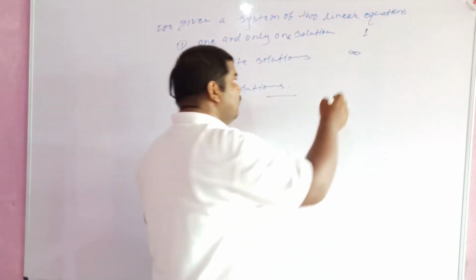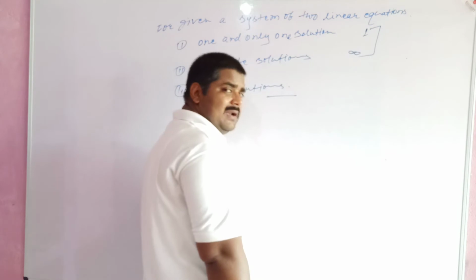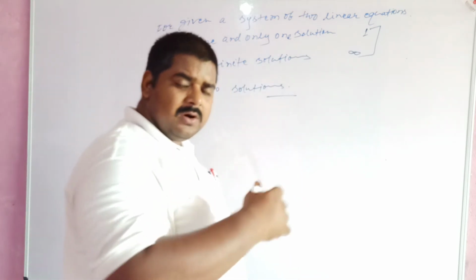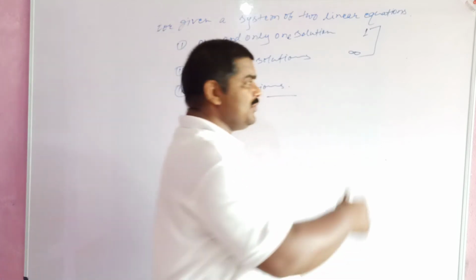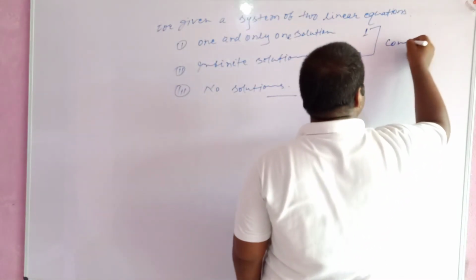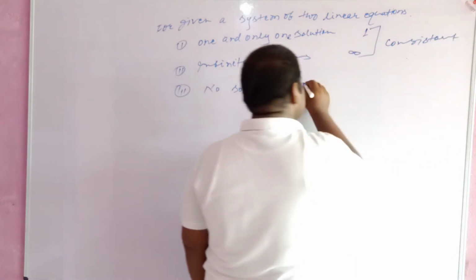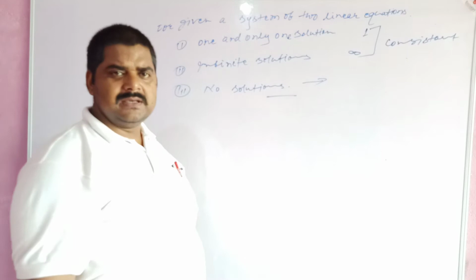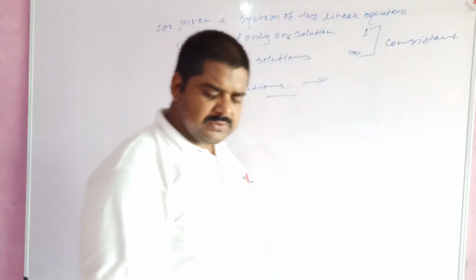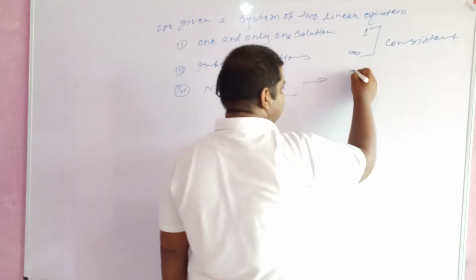So both of these satisfy the condition of at least 1, which is consistent. And the second one is where no solution is possible. Then this system is known as inconsistent. What has it been named?